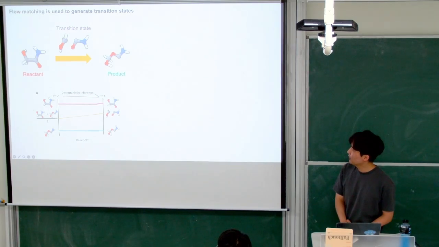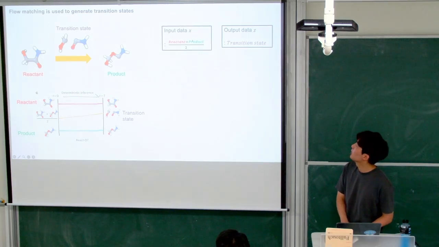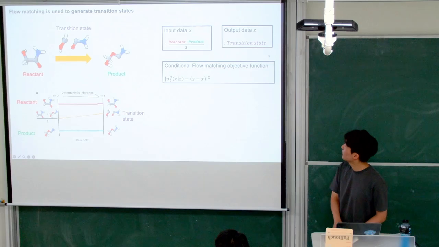And they put as an input the mean value of this reactant and product. So you put this left hand side mean value. Then from this map, it gives us the transition state from the flow. To sum up, we put in the mean value as an input, and as an output, we obtain a transition state.